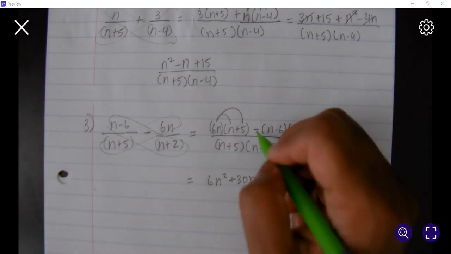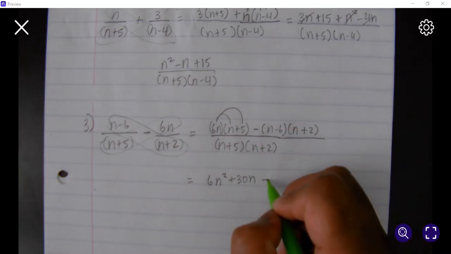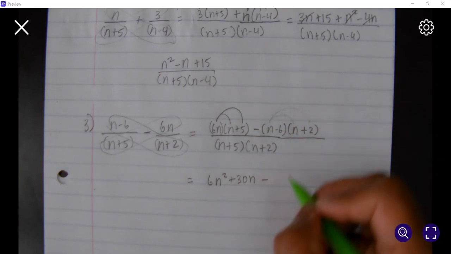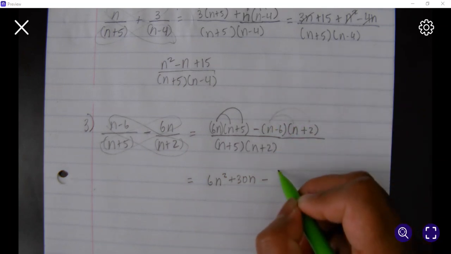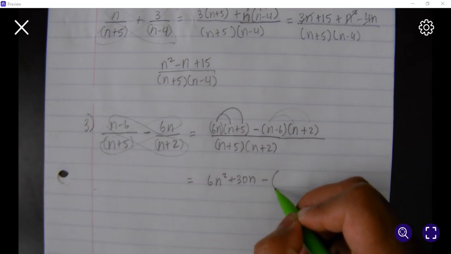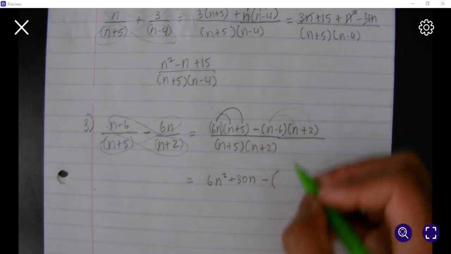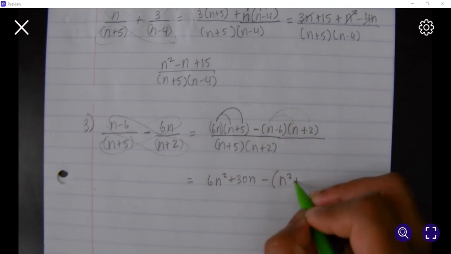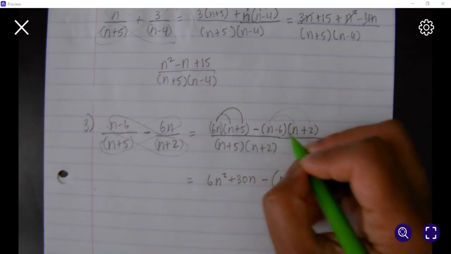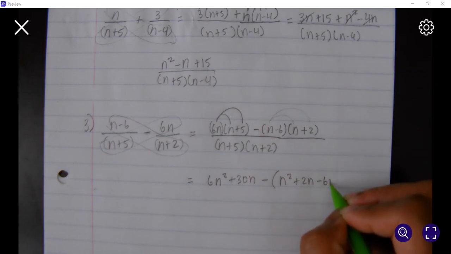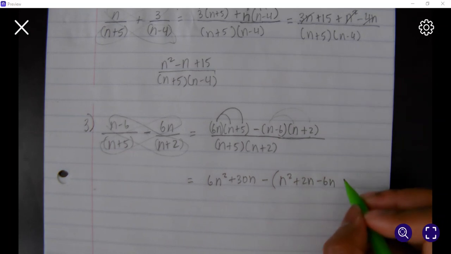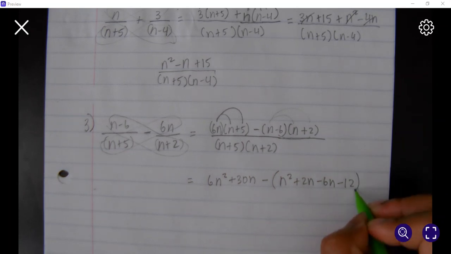And then over here, what I'm going to do is I'm going to bring down this minus sign, and I'm going to go ahead and FOIL these out. So you have n times n is, and I'm going to put that in a big set of parentheses, okay? So you have here n times n is n squared, and you have n times 2 is 2n, and then you have negative 6 times n is negative 6n, and then you have here negative 6 times 2, which is negative 12.